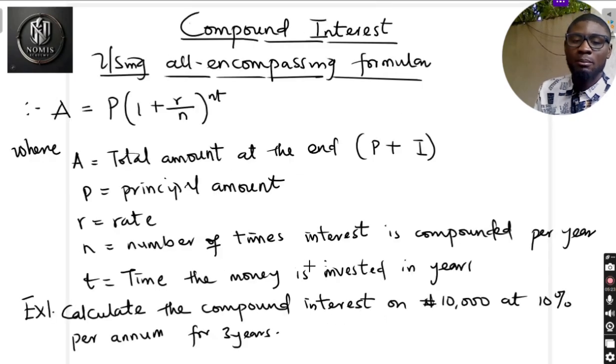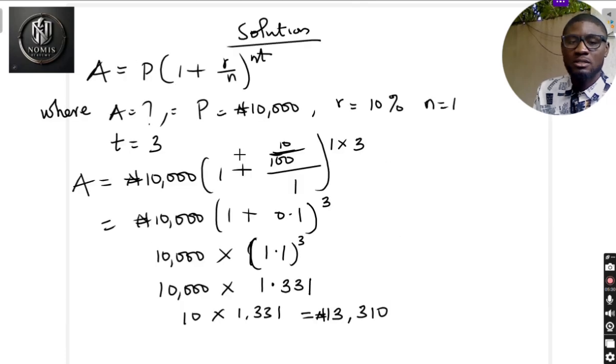13,310. Remember from this that this total amount is the principal plus interest. So if the question is definitely asking only about the interest and not the total amount, remember this is the total amount. So you will need to subtract the initial principal from this total amount to get the interest compounded in it.